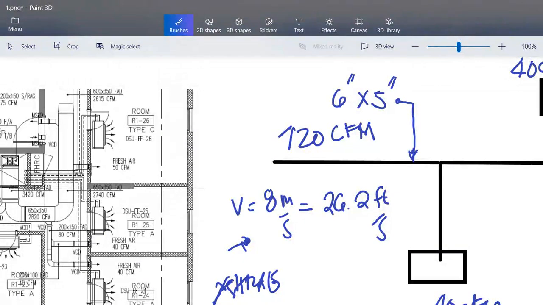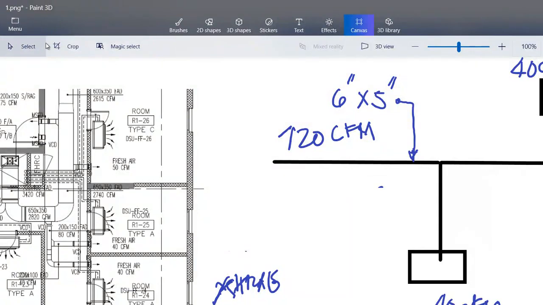So we're going to change this one into 9.8. So we have your velocity of your duct here is 9.8 feet per second.